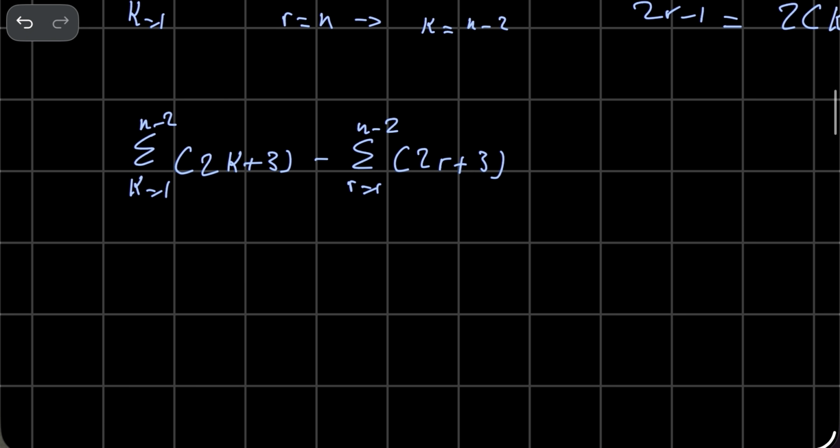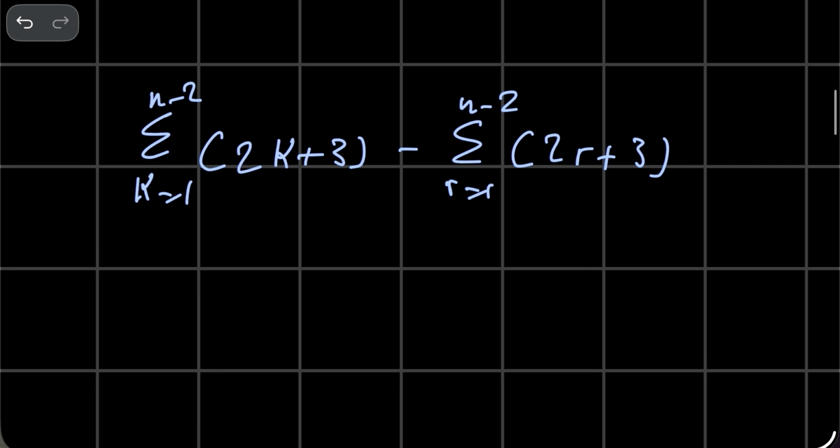Let's see. What I meant is that if we have one sigma in terms of k and the other in terms of r, can they sort of react with each other or not? We have to know that the index variable is basically irrelevant because it only indicates where to start and where to end. Like here, k equals 1, so the first term is 5.